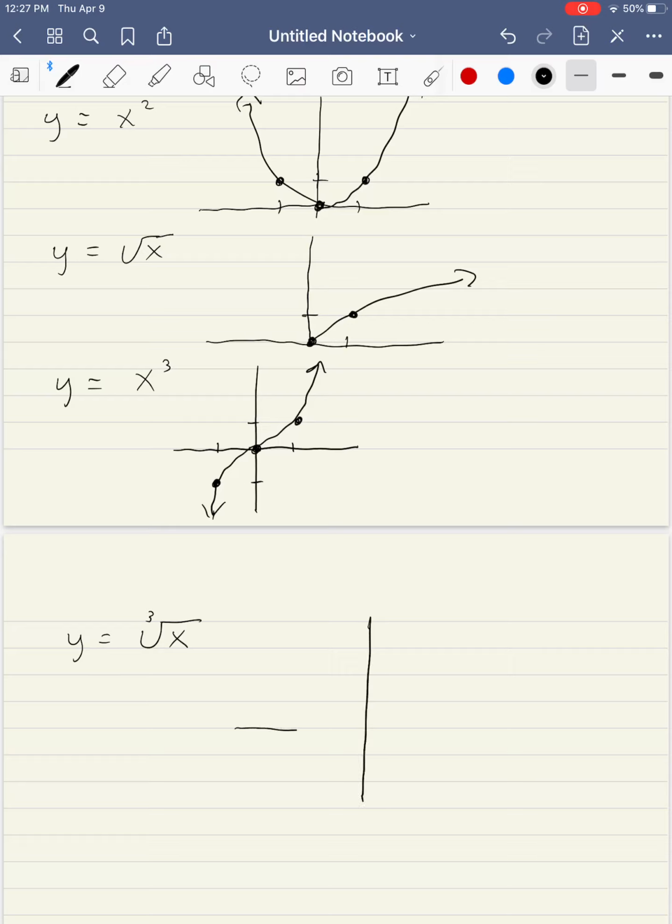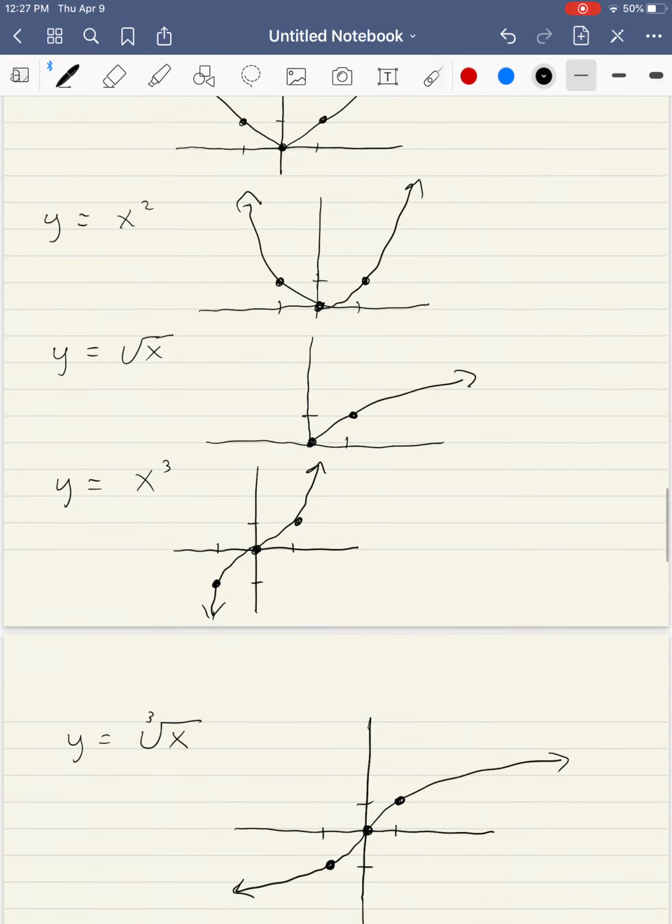And then on the cube root, the cube root of 0 is 0. The cube root of 1 is 1. And the cube root of negative 1 is negative 1. And again, we get those same 3 points. But we know from memory the basic shape of a cube root looks like this.